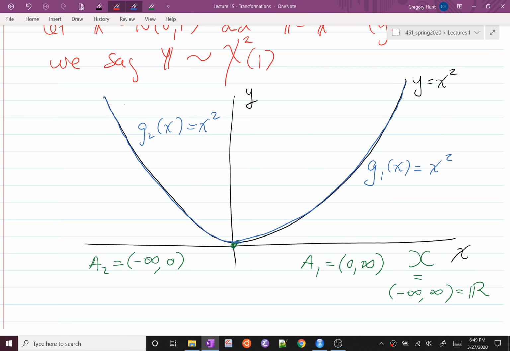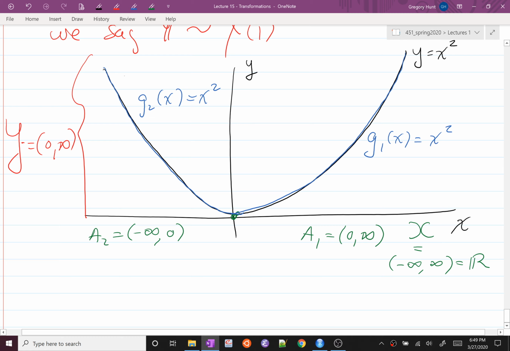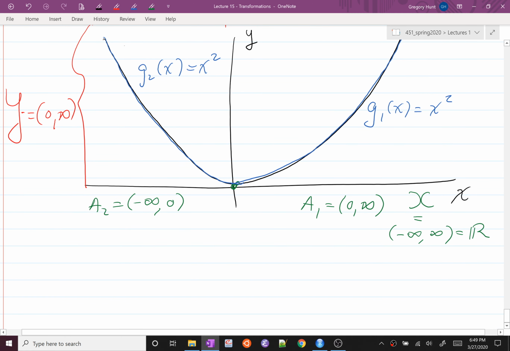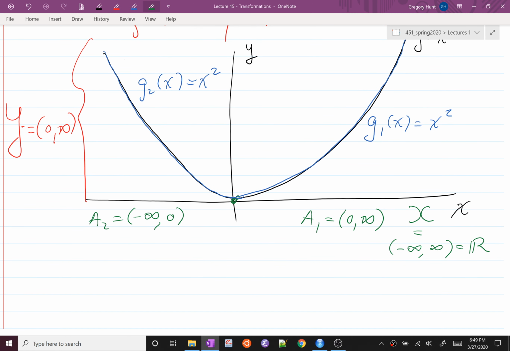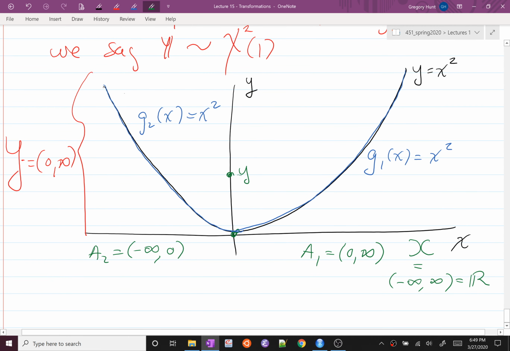And my support of y, capital Y here, is positive numbers, right? 0 to infinity. If I take any real number and square it, it's going to be positive, or at least non-negative. And notice that if I were to take some value little y here, it could have come from one of 2 values.